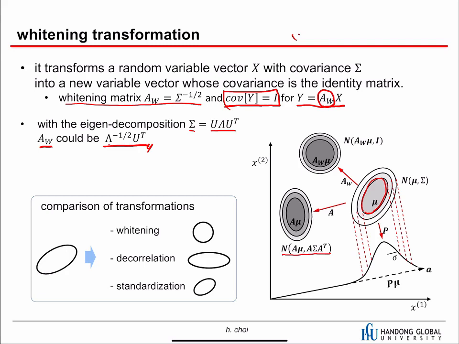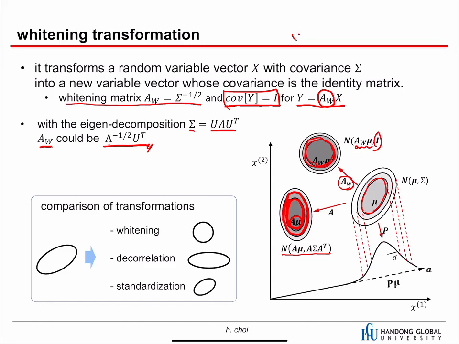In this case, this one is the mean of this distribution, and we have lots of ellipses like this. But if we transform this one with the whitening transformation, then definitely the covariance matrix should be the identity matrix. And this one is the mean of this distribution, and we have lots of circles, not ellipses.